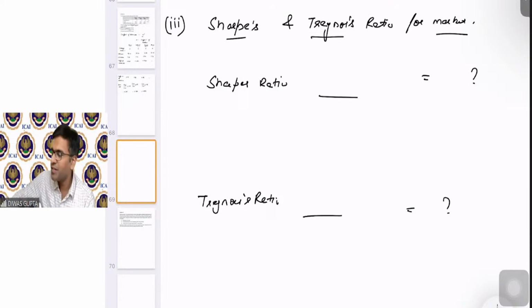I'm waiting for your responses, students. Please do attempt. Just think logically and put the numbers in the formula and then tell me. Very good, Tanisha.